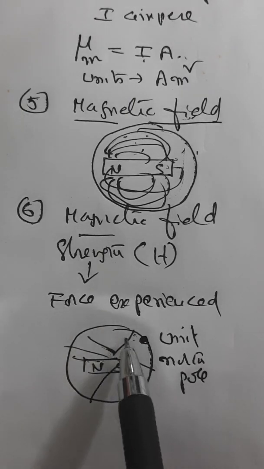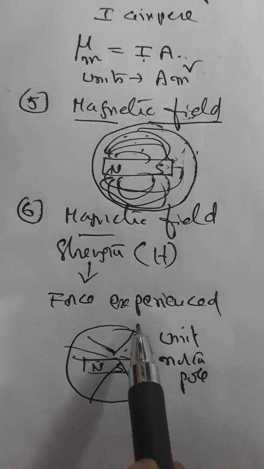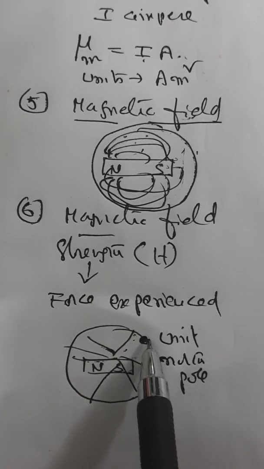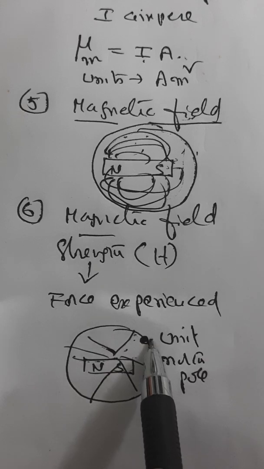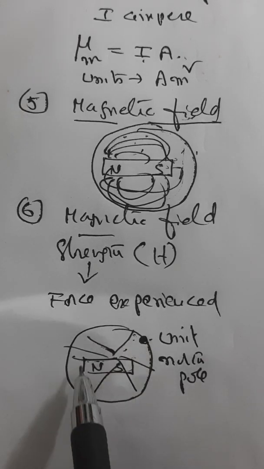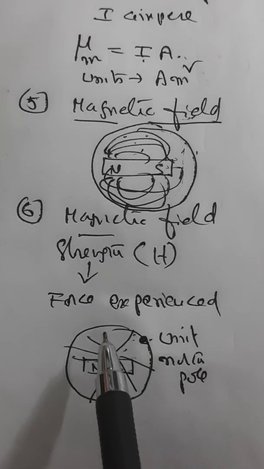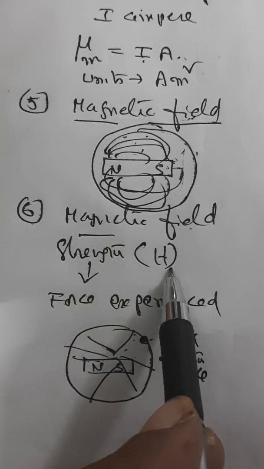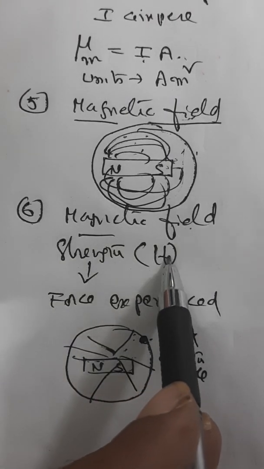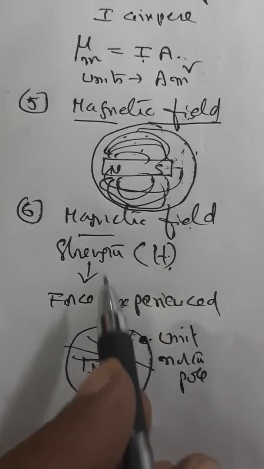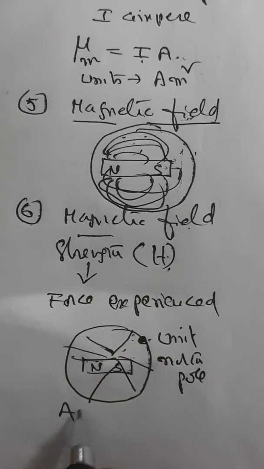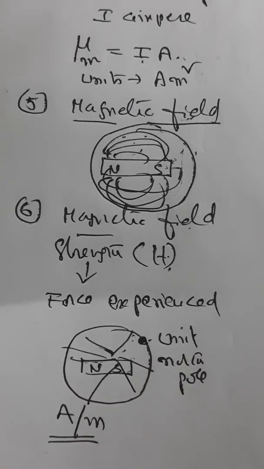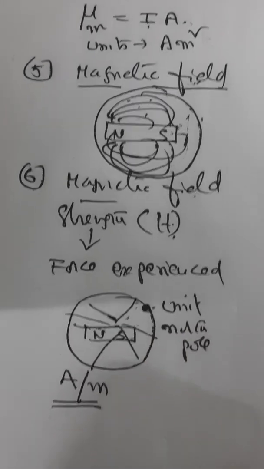That is, the magnetic field strength is nothing but the force experienced by a unit north pole placed at a given point in a magnetic field. That is what is termed magnetic field strength, represented by H. So it is ampere per meter. That is the unit for this.